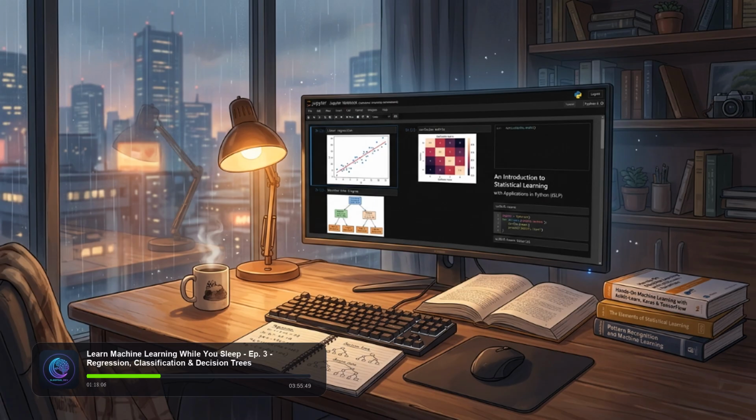In coordinate descent, the algorithm updates one weight parameter at a time while holding all other p-1 weights strictly fixed. When isolating weight j in coordinate descent, the optimization problem simplifies to a single variable update using the soft thresholding operator. The soft thresholding operator evaluates the partial correlation between feature j and the residual target.